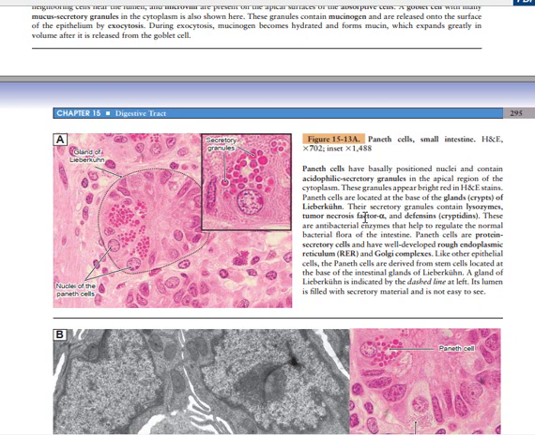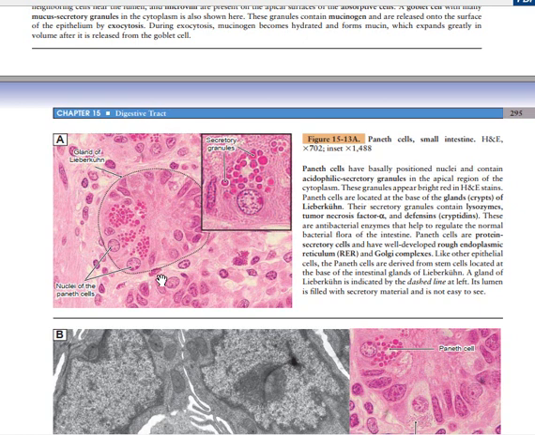These secretory granules contain lysozyme, tumor necrosis factor alpha, and defensin, that is cryptdin, and these are antibacterial substances that help to regulate the normal bacterial flora in the intestine. Is it clear? So those Paneth cells are involved in producing antibacterial products which are going to be secreted.